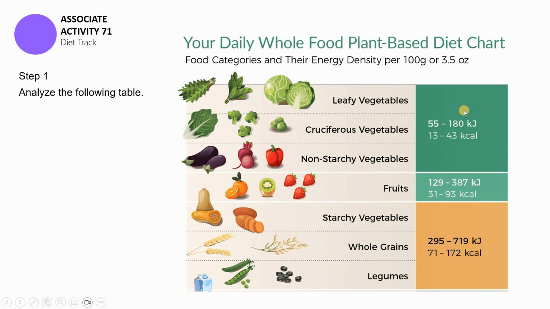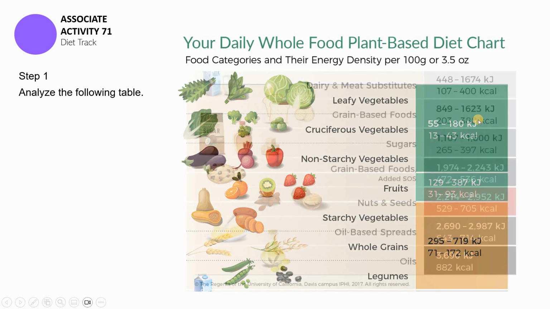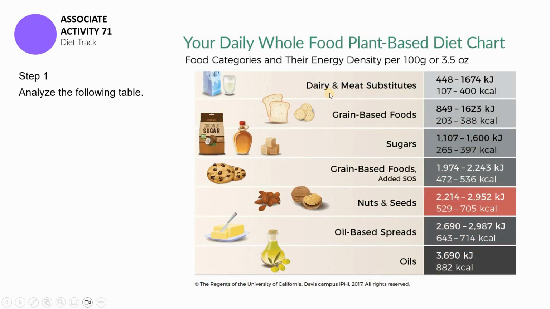Now, the second and the last part of this table is as follows. The dairy and meat substitutes have around 448 to 1,674 kilojoules or 107 to 400 kilocalories. The grain-based foods have around 849 to 1,623 kilojoules or 203 to 388 kilocalories.